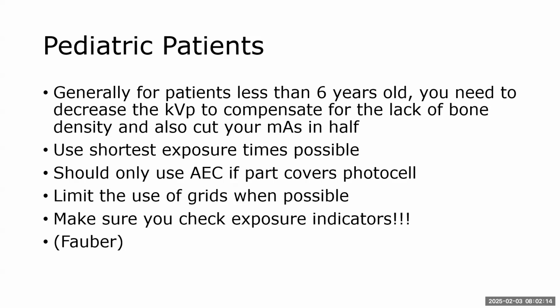So for example, if your APR is for adults, then if you have a pediatric patient, you don't want to use the technique that comes up for that adult. It depends, like if it's a big 6-year-old, you might could get by with it. But if you're talking about a 2 or 3-year-old, then generally what you need to do is decrease your kVp some and cut your mAs in half to compensate because they just don't have all their bones initially.